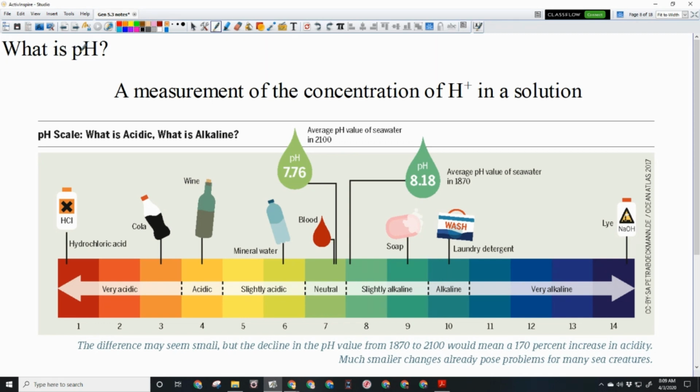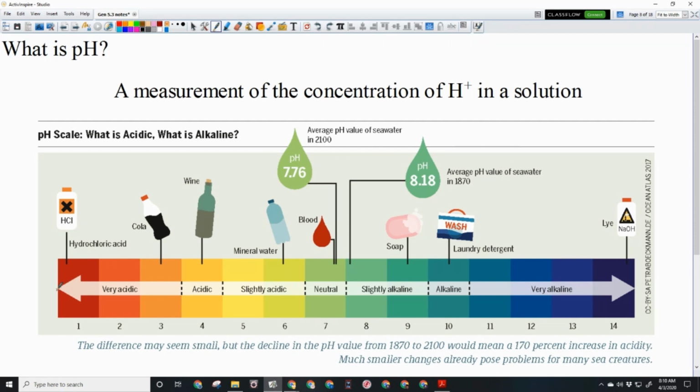So pH is a measurement of the concentration, there's that word concentration from our last section on solutions, of hydrogen ions in a solution. It's a measurement of the amount of hydrogen ions in a solution, and that's what we call pH.